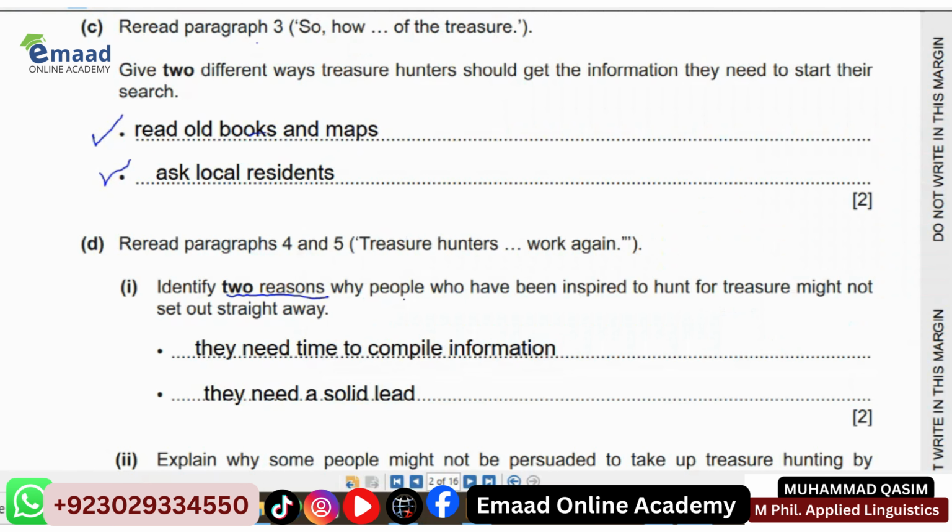So the key words, if you notice, are 2 reasons why people who have been inspired to hunt for treasure might not set out straight away. If they have made their decision to go, why can they not go right away when they have decided? Let's read paragraphs 4 and 5 to find it.